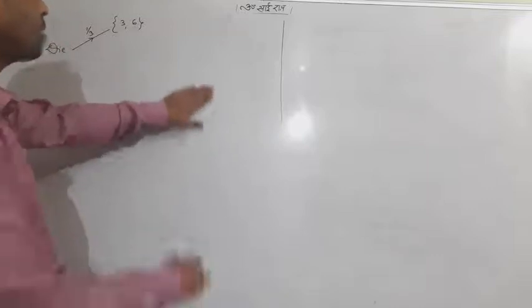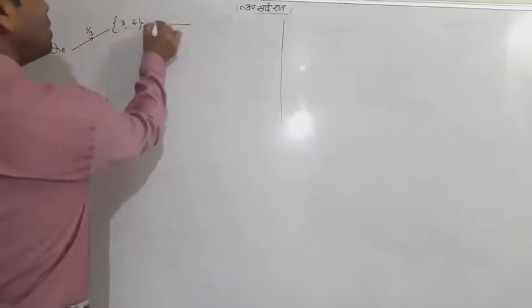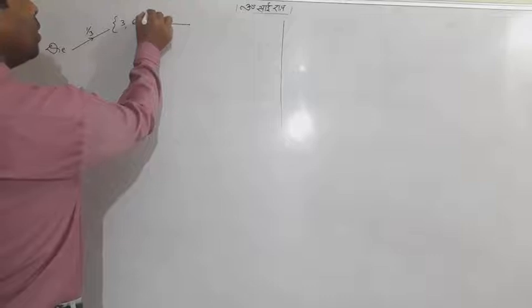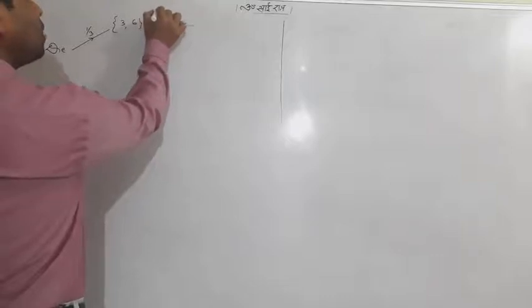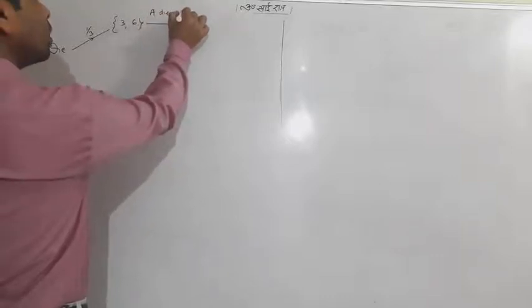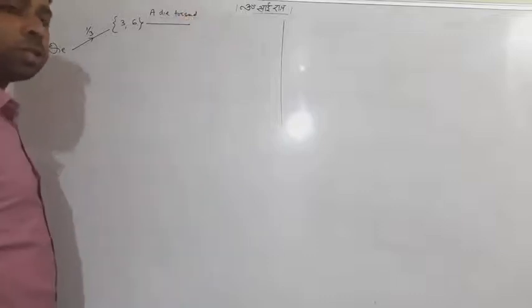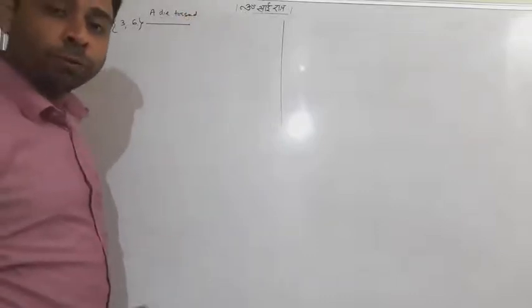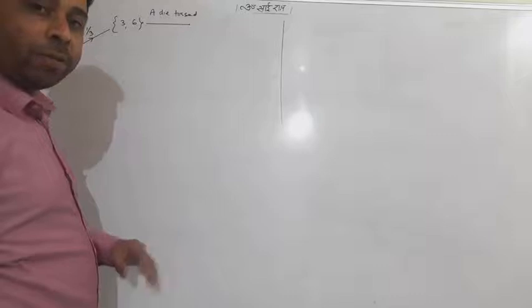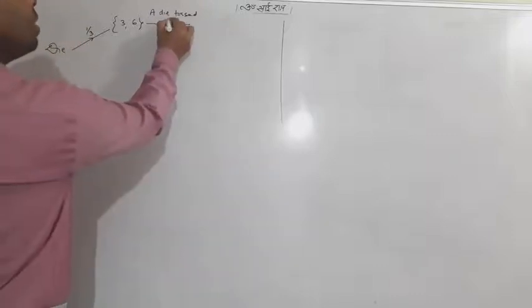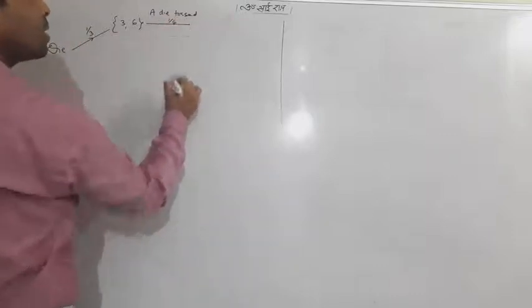Now, if this happens, what will happen next? Here, the die is tossed again. If the die is tossed again, 1, 2, 3, 4, 5, 6 will come, and the probability of each is 1 by 6.